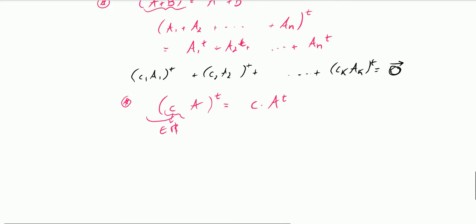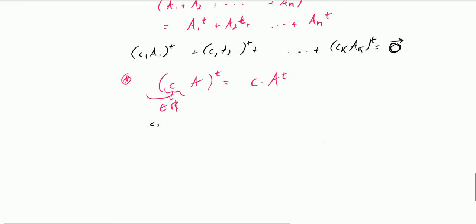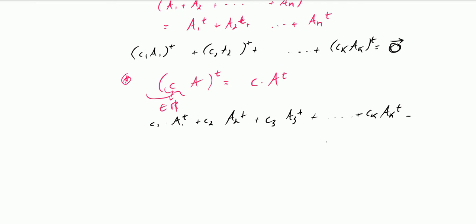We can apply this to the left-hand side, and we have C1 A1T plus C2 A2T plus C3 A3T plus ... plus CK AKT is equal to the zero vector, or in this case, the zero matrix.